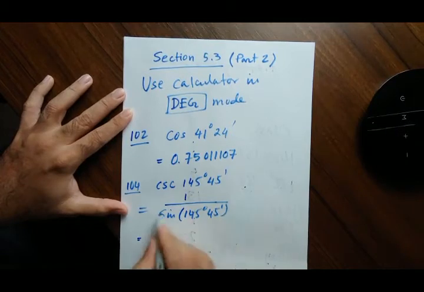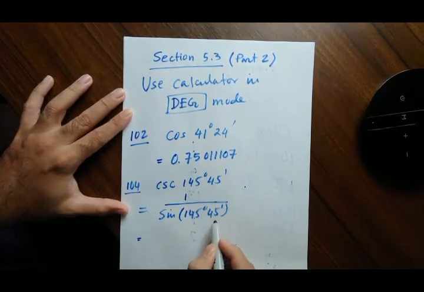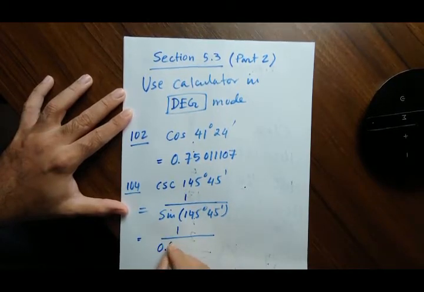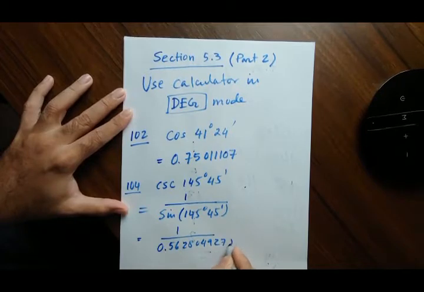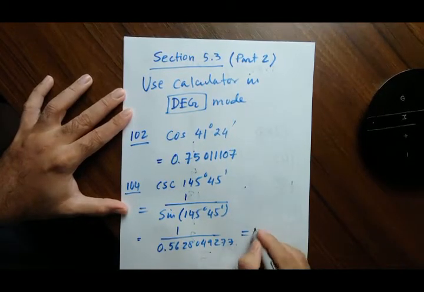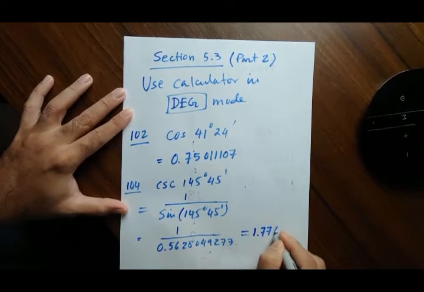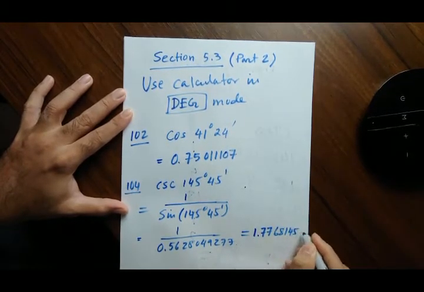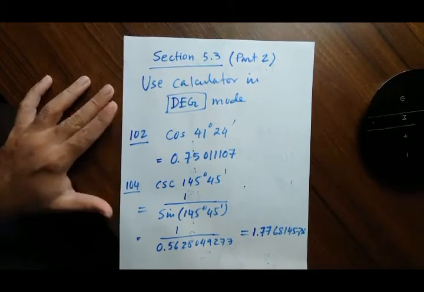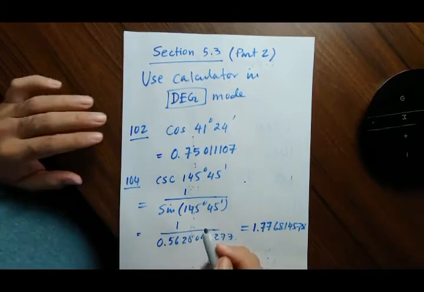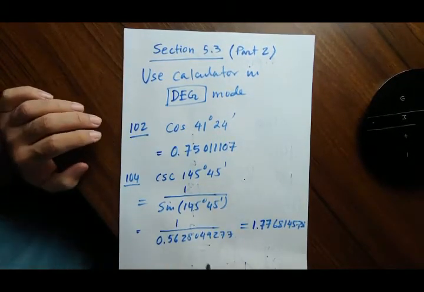So if you do sine of 145 degrees and 45 minutes, that number will be 0.562804927, and then if you take 1 over this number, you will get the answer, 1.776814578. So that's a little bit of extra step that you need to do there.